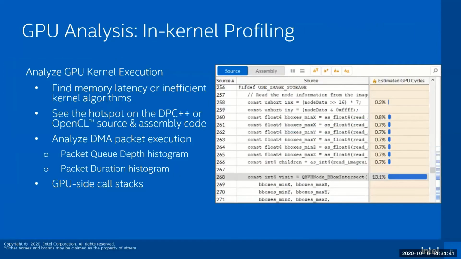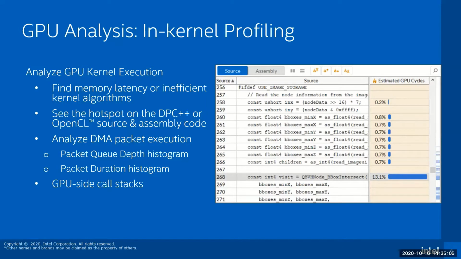GPU analysis is provided along with in-kernel profiling. So either with DPC++ or OpenCL code, you can get the performance information against the source lines or assembly instructions.